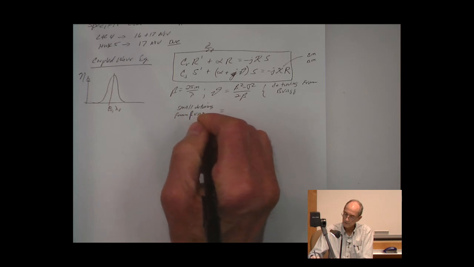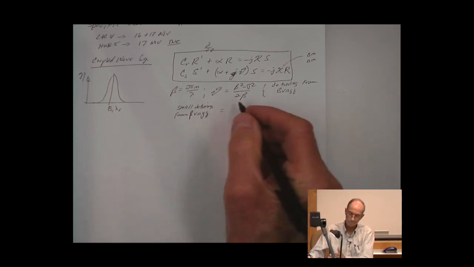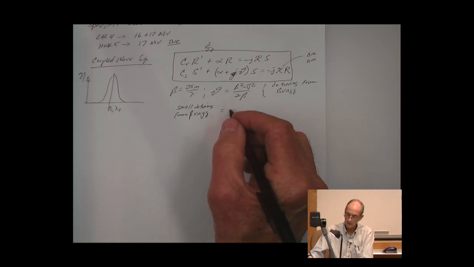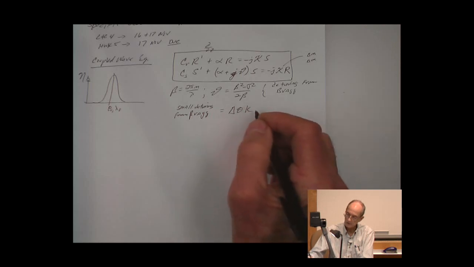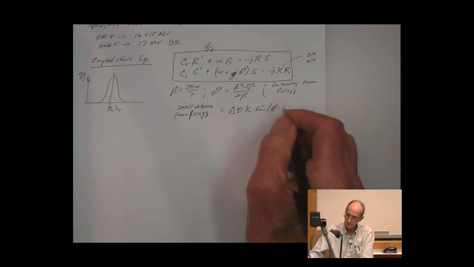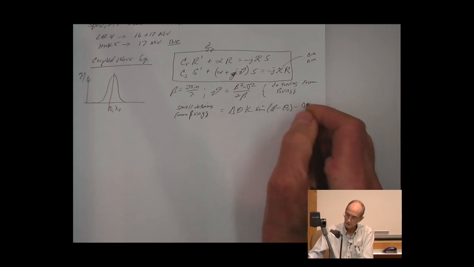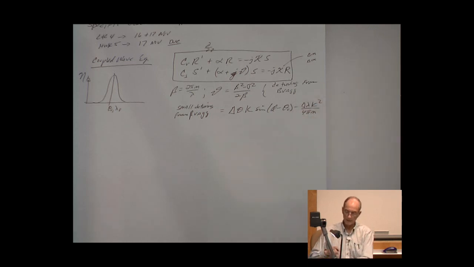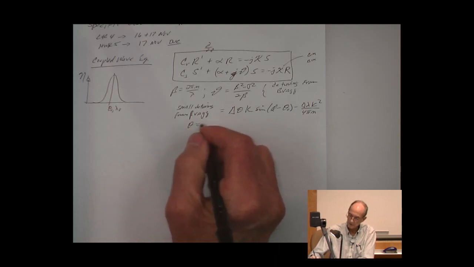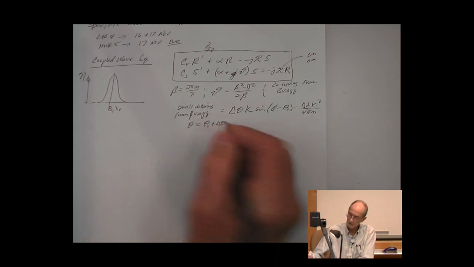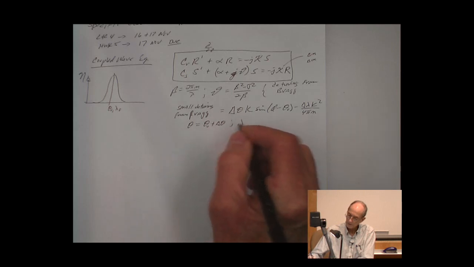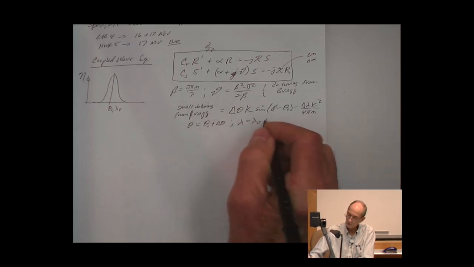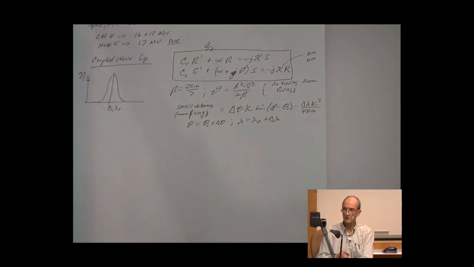we can put in a more intuitive, easier to use form: delta theta times the magnitude of the grating vector, sine of the angle of the grating vector minus theta 0, minus delta lambda k squared over 4 pi n, where theta is equal to theta 0 plus delta theta, and lambda is equal to lambda 0 plus some delta lambda deviation from the Bragg condition.